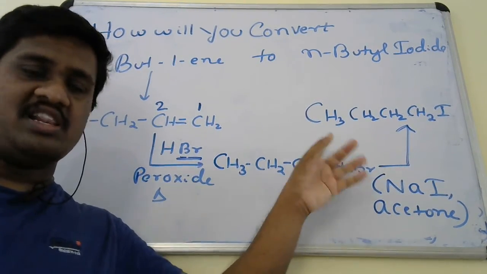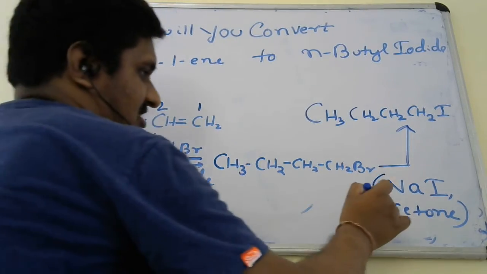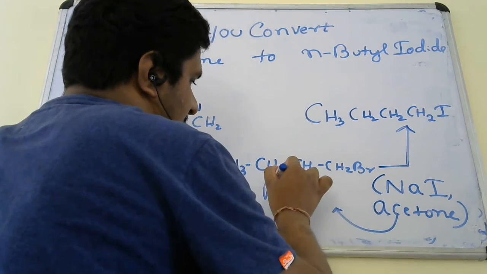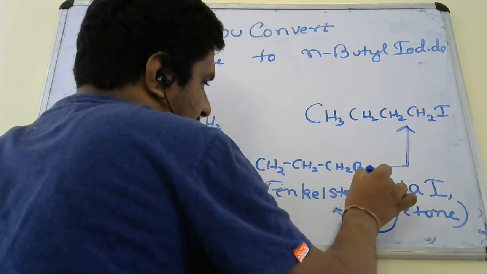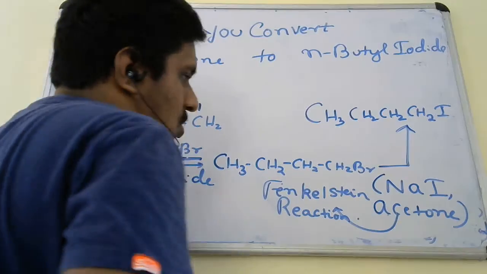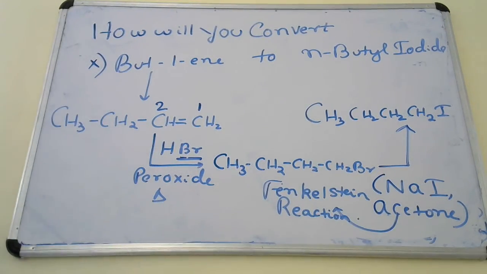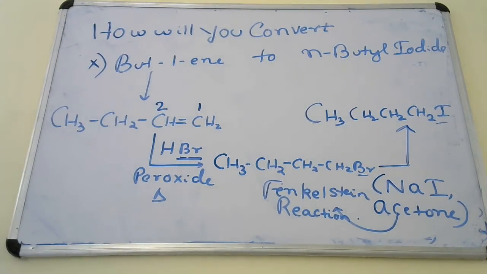Bromine or chlorine will be replaced by iodine, and the name of this reaction is Finkelstein reaction. So bromine is replaced by iodine. So we reached our destination.